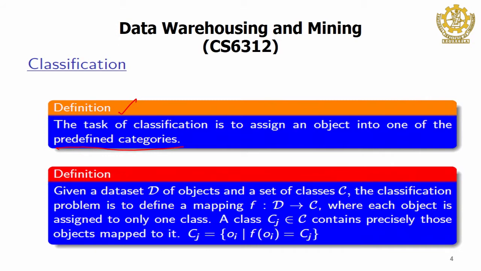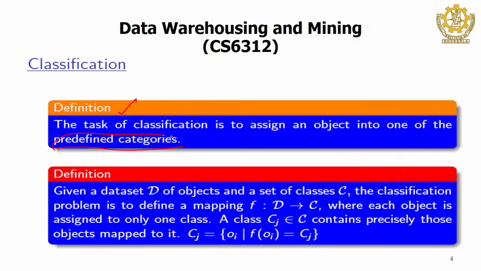Let us say we want to classify students, whether a student is an undergraduate or a postgraduate student. That is predefined. Even though a student is doing a PhD, we say the student is in postgraduate. So, we should have the categories beforehand, something called the predefined categories.